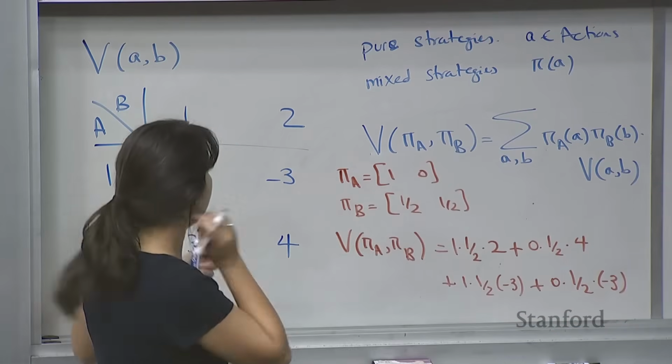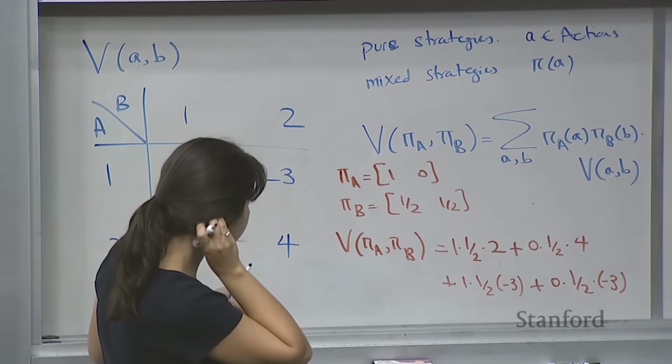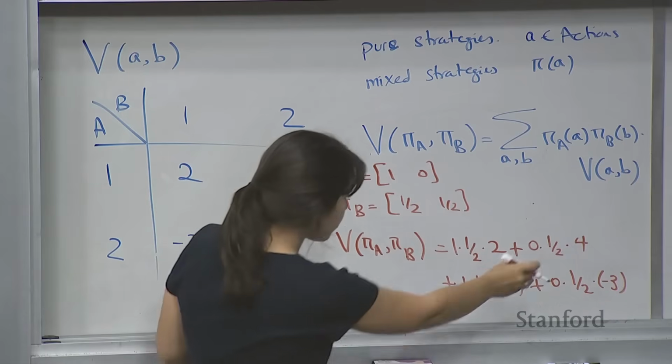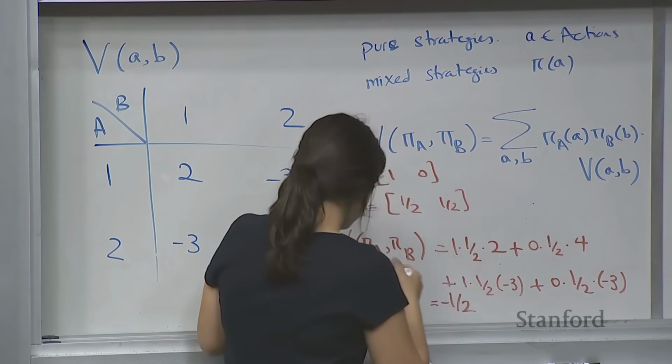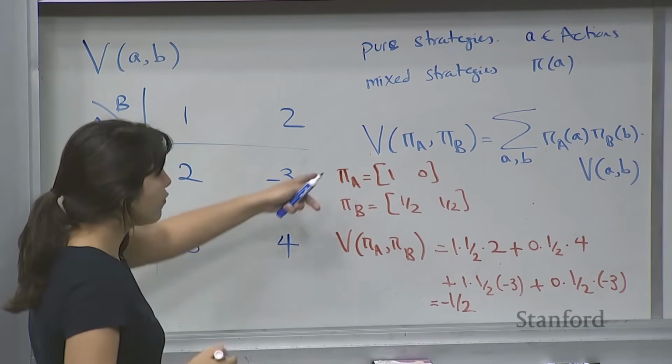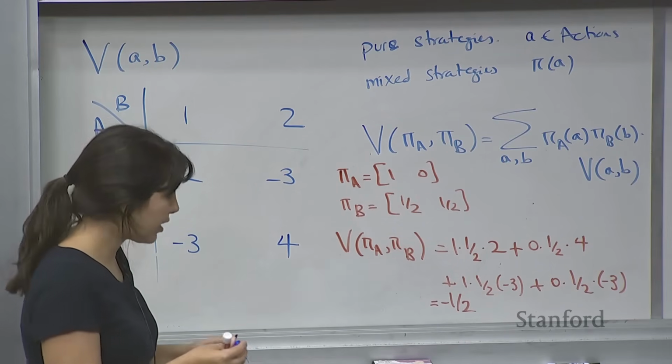Okay. And, well, what is that equal to? There are 2 zeros here, that's minus 1/2. Okay, so I just computed that the value of these two policies is going to be minus 1/2.